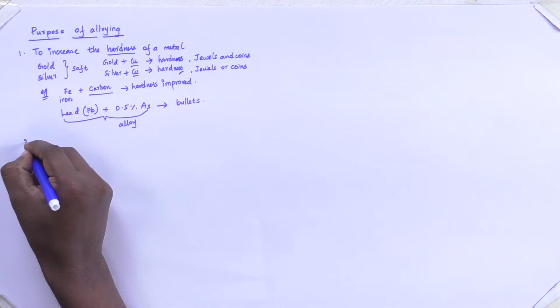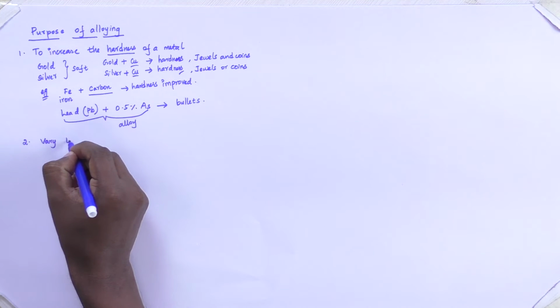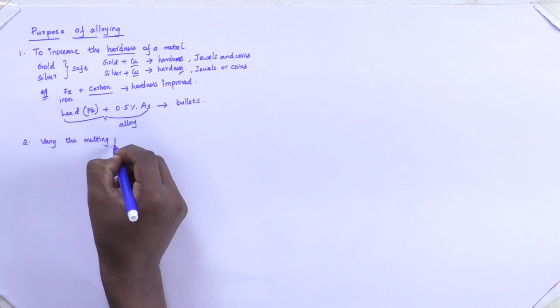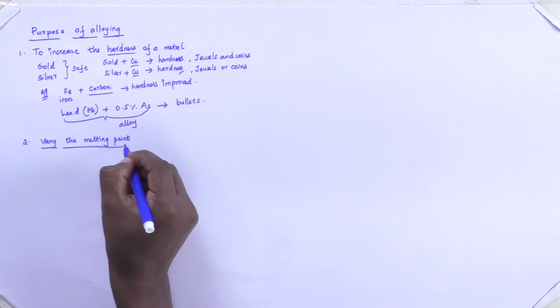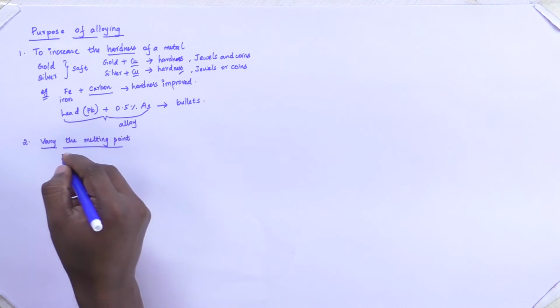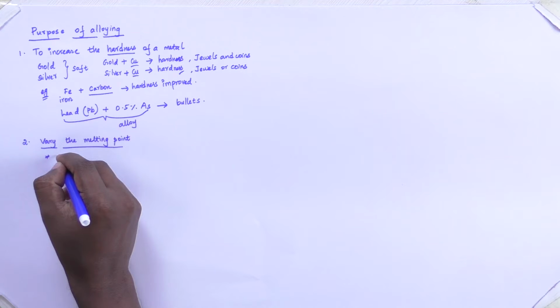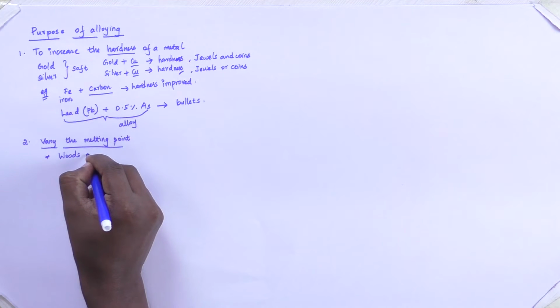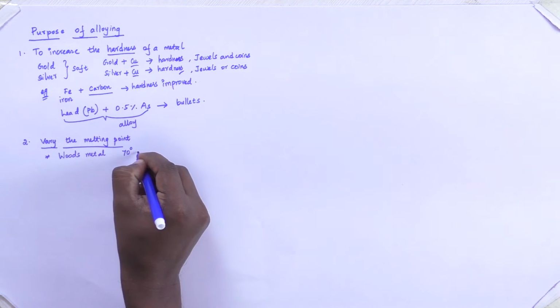The second purpose is that it can vary the melting point. On alloying, an element can vary its melting point. For example, if you take wood's metal, its melting point is 70 degrees centigrade.